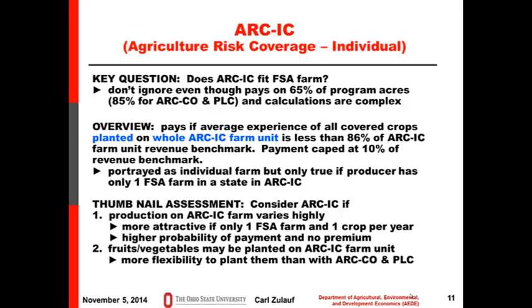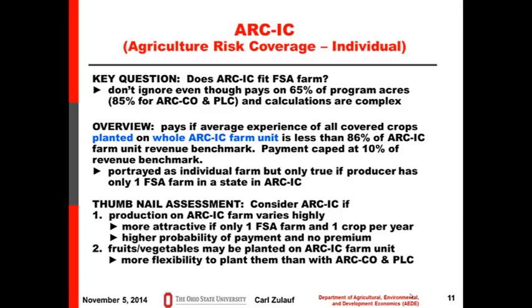I want to also talk about the ARC-IC, or the Agricultural Risk Coverage Program, individual. This is a program that early in the discussion of the Farm Bill was seen as the third choice in most situations, if not all situations.